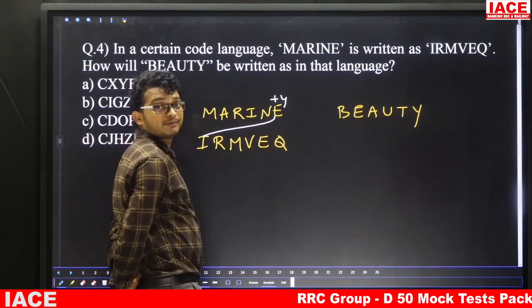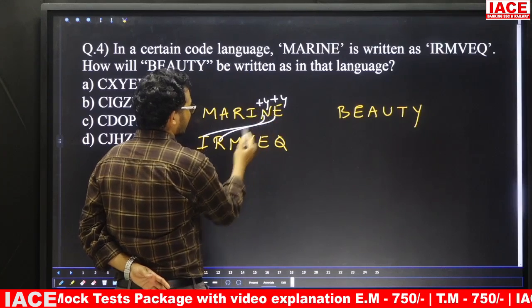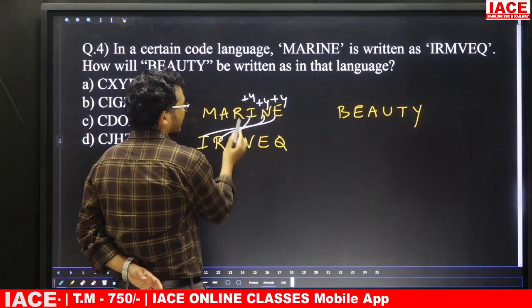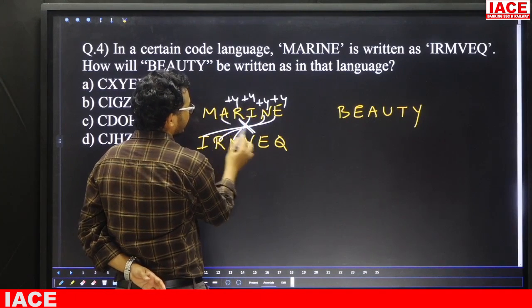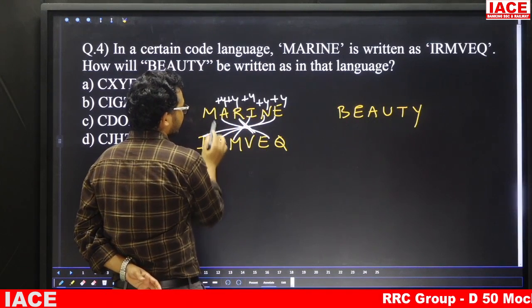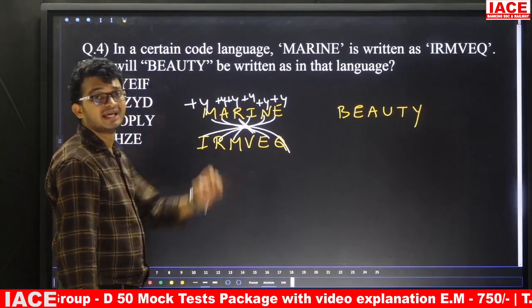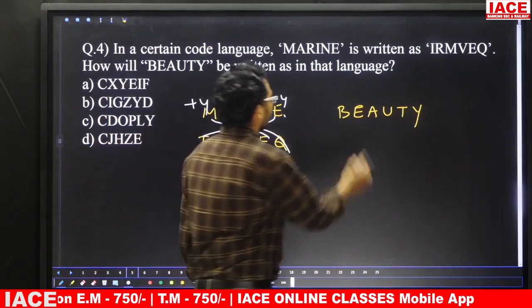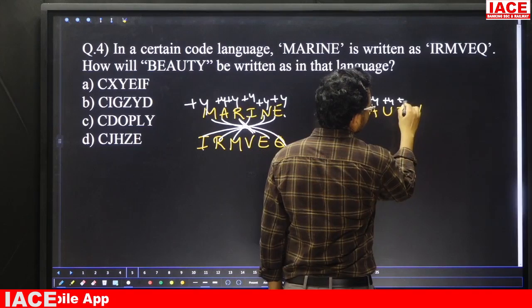E face value 5 plus 4 is what? 9, I. N face value 14 plus 4 is what? 18, R. I face value 9 plus 4, 13, M. R face value 18 plus 4 is what? 22, V. A face value 1 plus 4 is what? E. M face value 13 plus 4 is what? 17, Q. That means your logic is plus 4, but the last letter comes first. In the same manner, plus 4 for each letter.